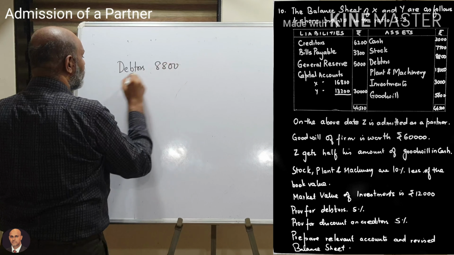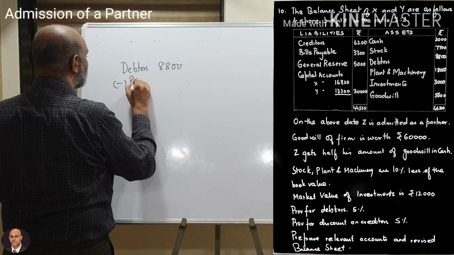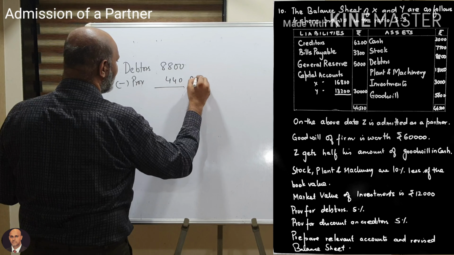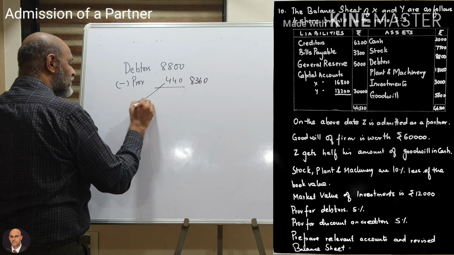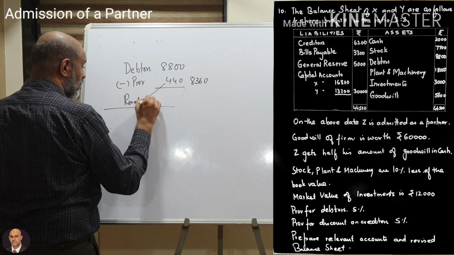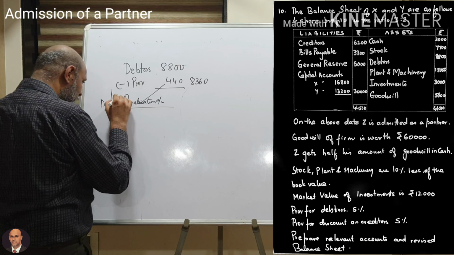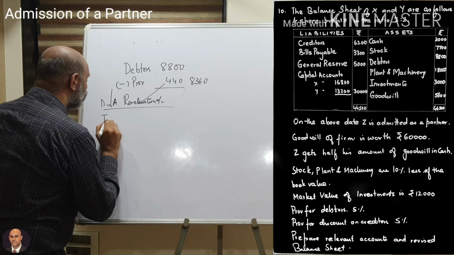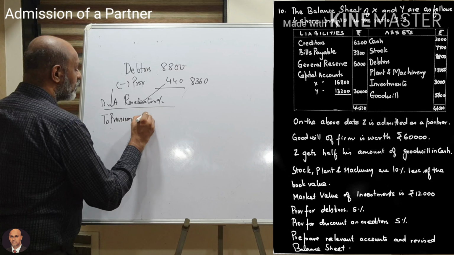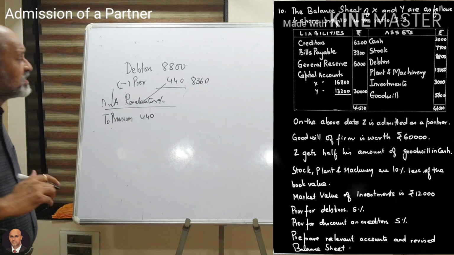Okay, 5% you less. 10% is 880, so 5% is 440. So if you minus this, you'll get 8,360. This first effect will come in the revaluation account debit side. Why? The value of the asset is falling down. So I write this as to provision and the amount will be 440.